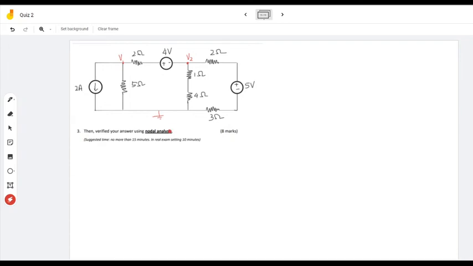If I'm not so sure about my superposition but I'm very sure about my nodal analysis, I will do my nodal analysis, get the number first, and then do my superposition. But of course that only works if you are already confirmed that you are good with your nodal analysis.